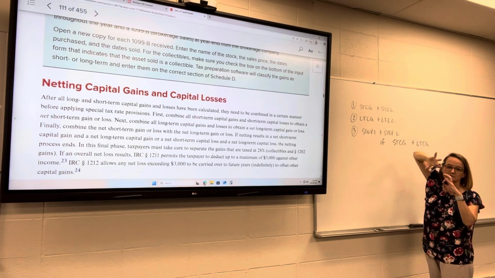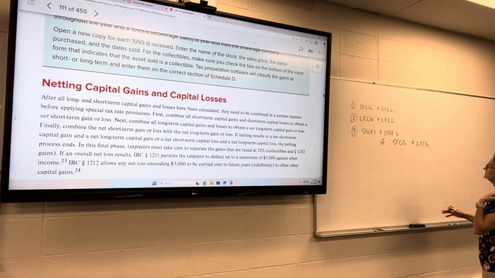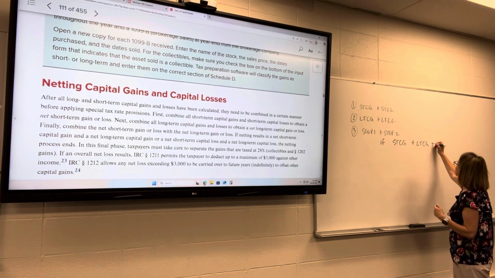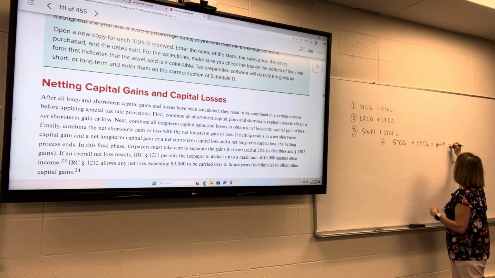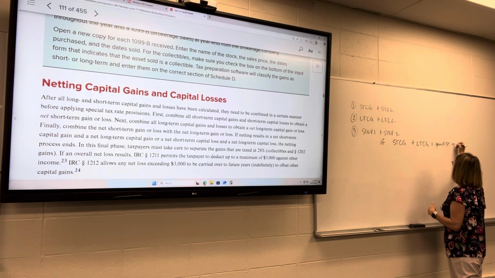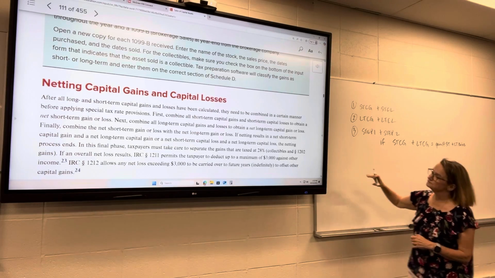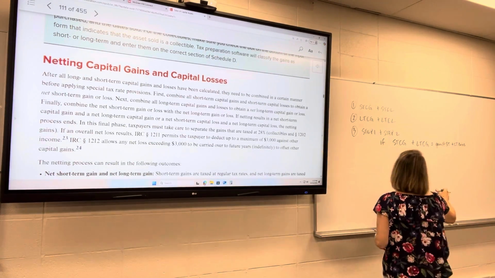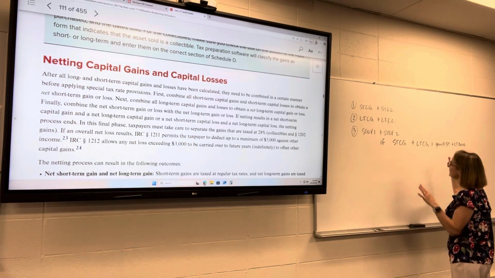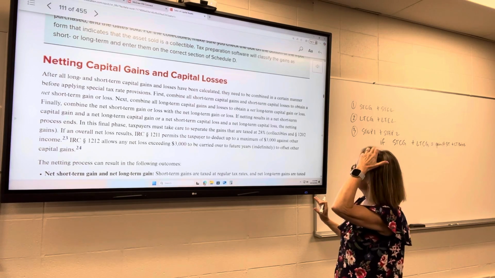So they'll be separated, and there'll be gains at each of those rates. So then whatever the capital gains rate is, that's what we're going to use.